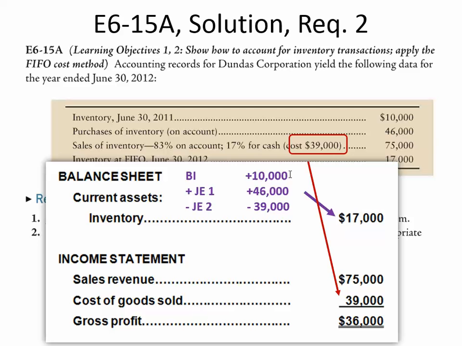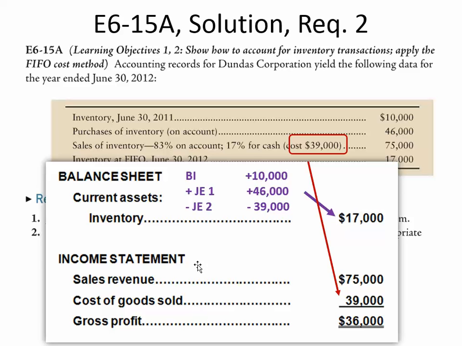So if I take the 10,000 beginning balance plus the 46,000 debit from the first journal entry minus the 39,000 credit in the second journal entry, I get 17,000. So my inventory is on the balance sheet under current assets at 17,000.